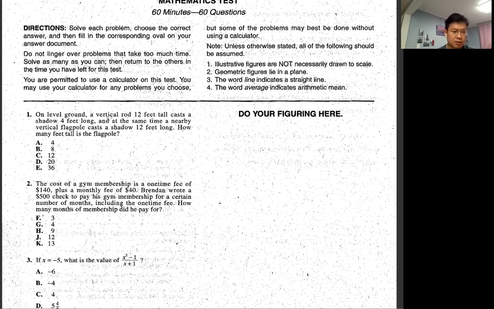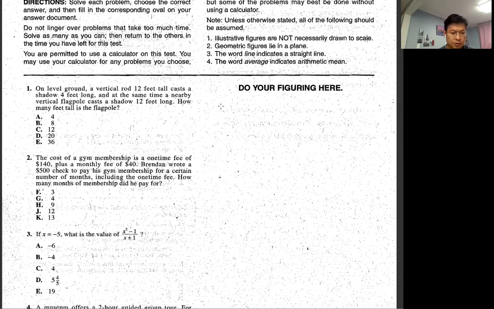Okay, so level ground, a vertical rod 12 feet tall casts a shadow 4 feet long, and at the same time a nearby vertical flagpole casts a shadow 12 feet long.